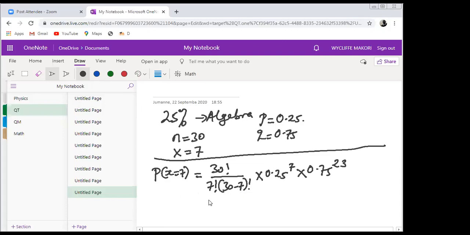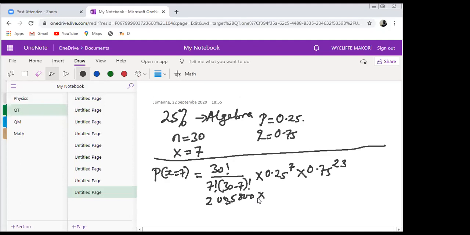So the answer for this part, what are you able to get? Yes, 2 million, 2,005,800. Then we multiply. Let us continue.